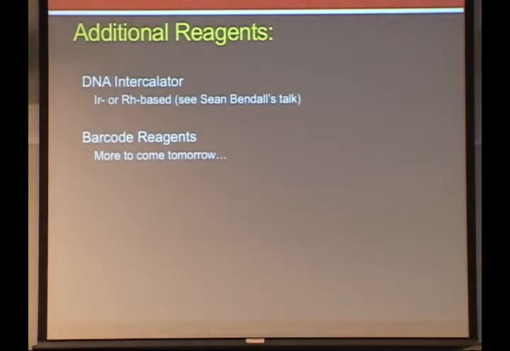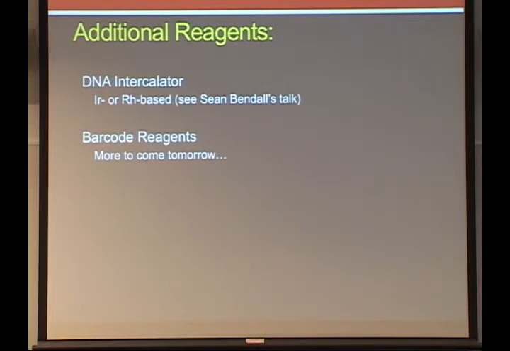A few additional reagents Sean mentioned are DNA intercalators that are commercially available from DVS, either the iridium or the rhodium-based intercalators, and those are very useful for measuring cellular events as they pass through.